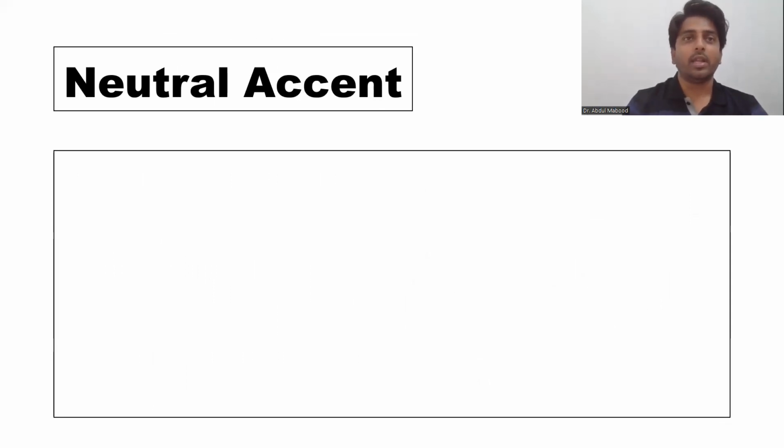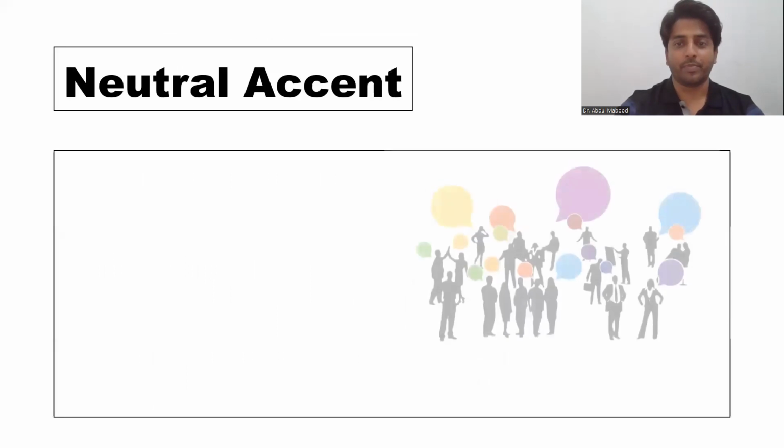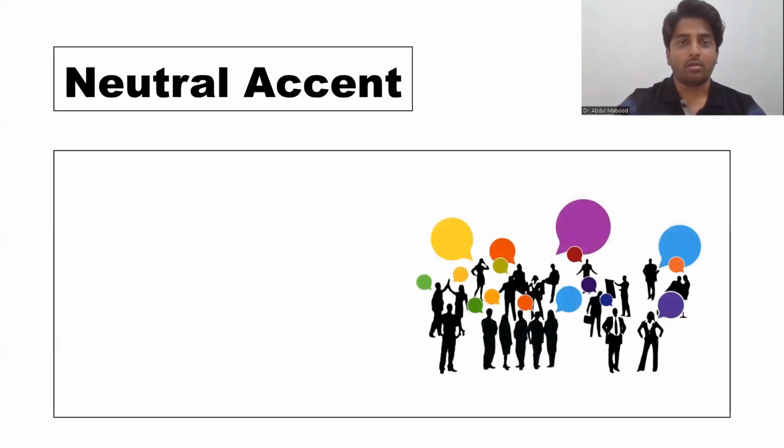Okay, neutral accent is using an accent that would be understood by everyone. Right? Suppose I speak English and I am from Odisha, or from Assam, or from other countries like Australia or Canada, Africa.